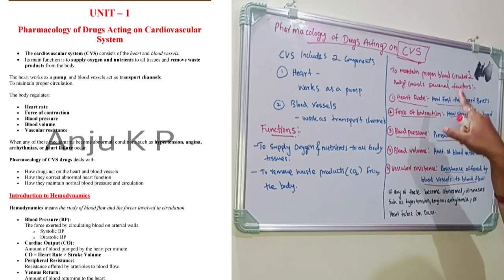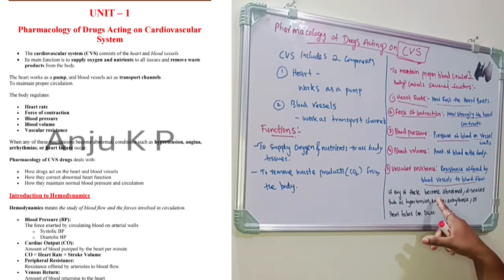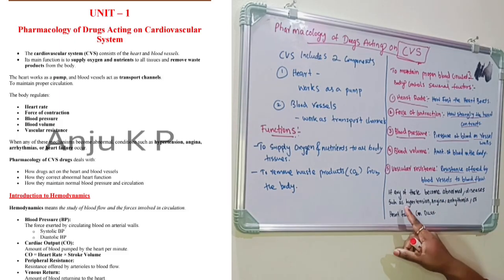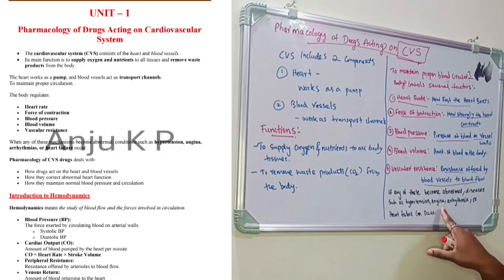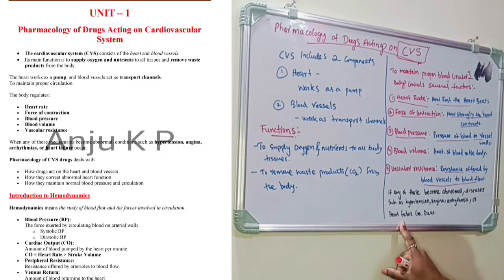If any of these, whether heart rate, contraction or blood pressure, becomes abnormal, diseases such as hypertension, angina, arrhythmia or heart failure can occur.